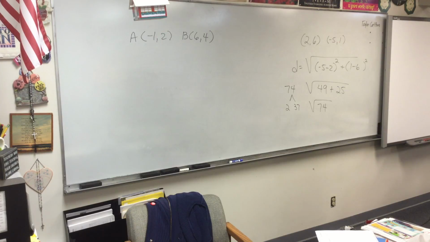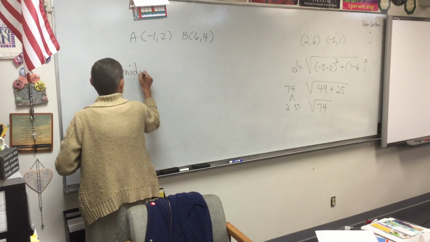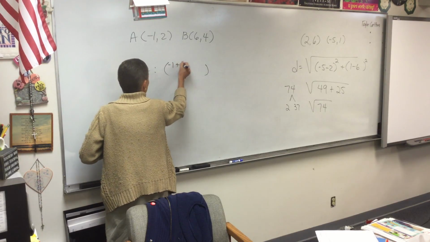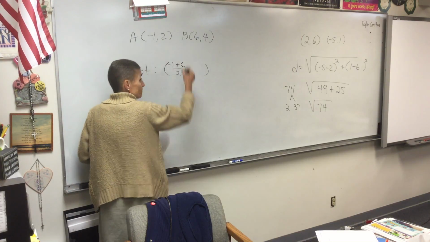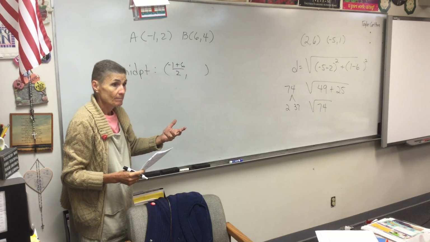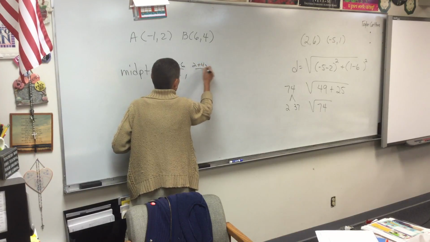So I'm going to take my x's, add them and divide by 2, and I'm going to take my y's, add them and divide by 2. So my average point, my midpoint, my middle point, will be -1 plus 6 divided by 2. Those are my x's. I am averaging them. And my y's, 2 plus 4 over 2.